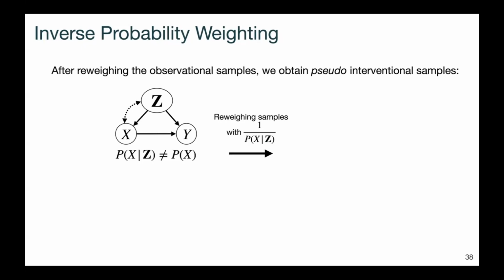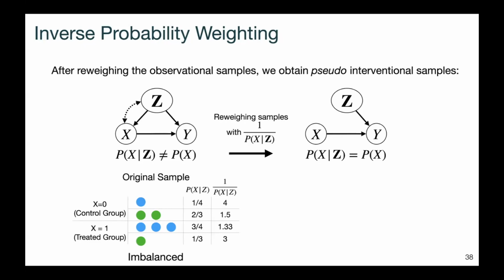However, after reweighting with the inverse of the propensity score, you are going to mimic and minimize the influence of Z. You are going to create a sample where the probability of X given Z is equal to the probability of X. So suppose that this is your original sample, you have two groups, X is binary, and in blue I have the Z. So this is just coloring the conditions.